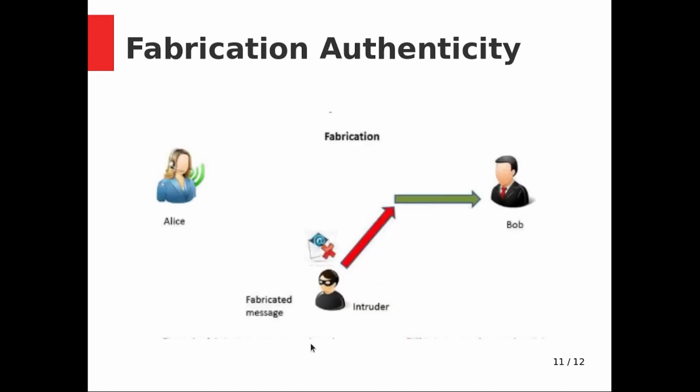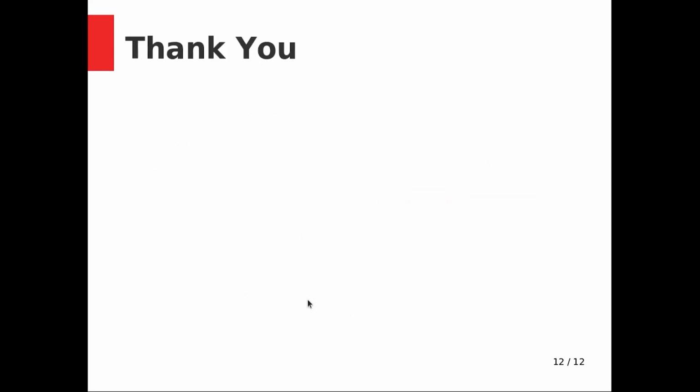Here Bob is thinking that Alice is talking to him, but it is no one else than the intruder, the hacker, who is talking with Bob, and Bob thinks he is talking with Alice. So these are fabrication attacks. We have seen active attacks, now we will see passive attack.